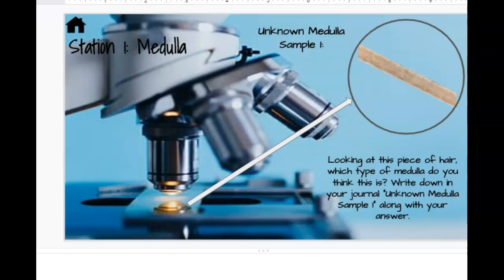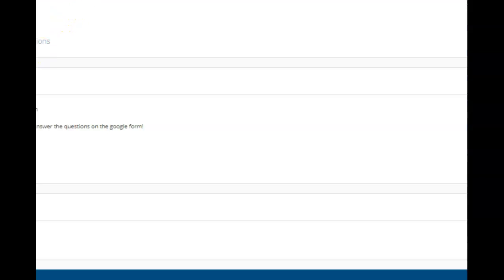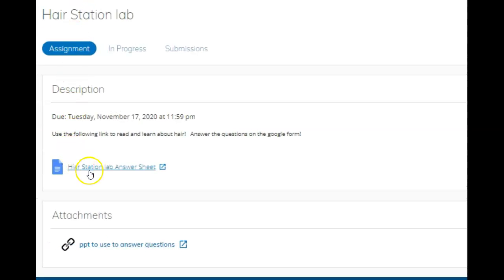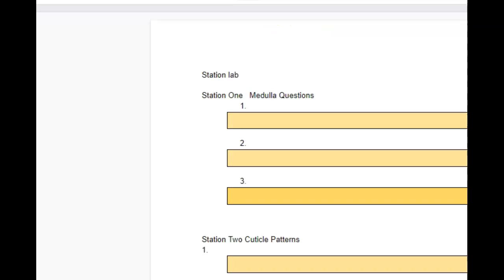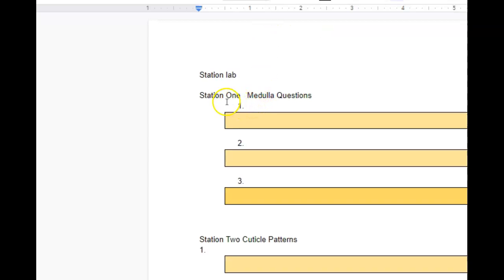So anytime you have to put in your answers, and I'm going to go back to the Schoology page here, you're going to notice here that it says hair station lab answer sheet. And that is where you're going to put your answers. So here it is, station lab, station number 1, medulla questions. This is where you would put your answers.